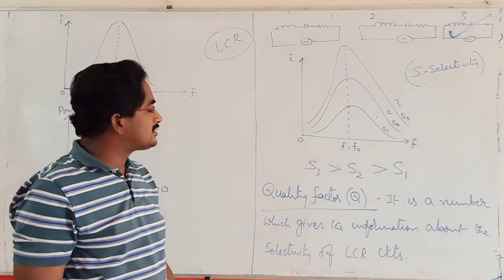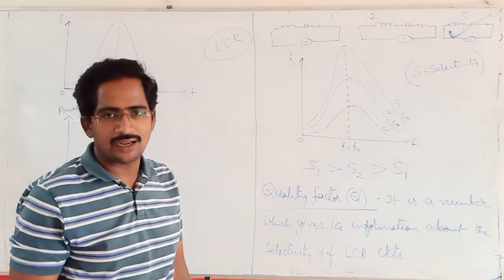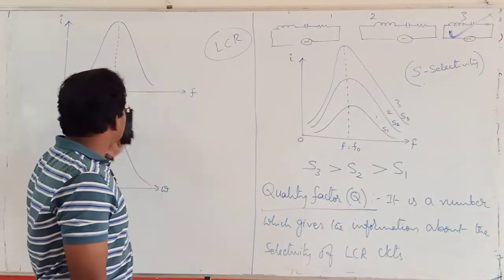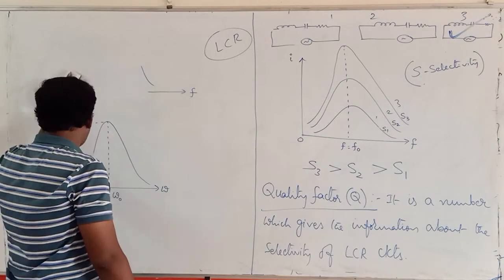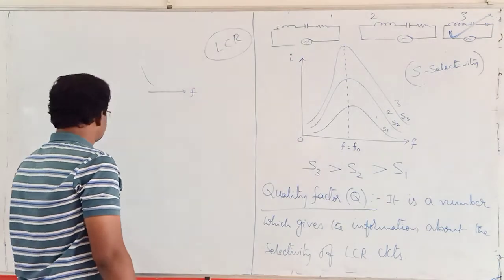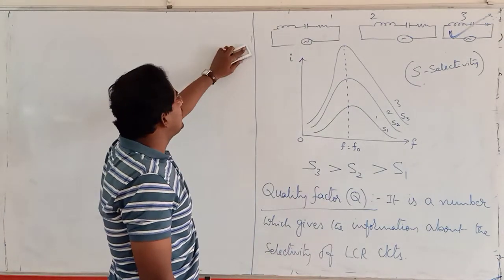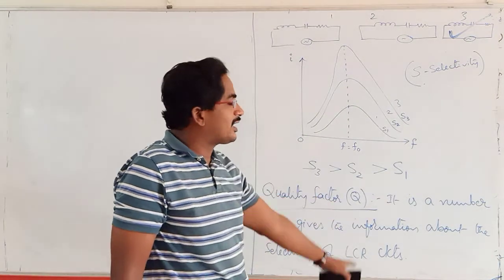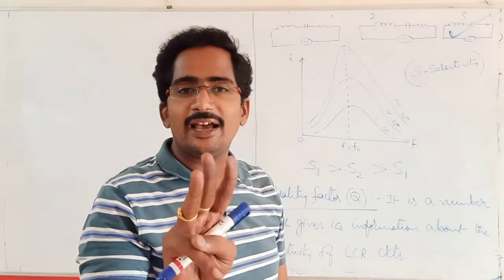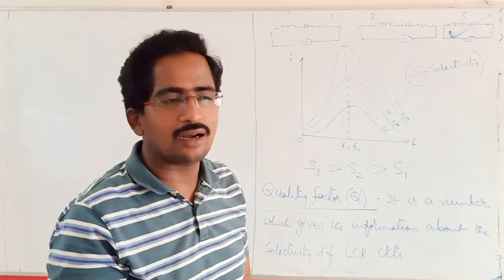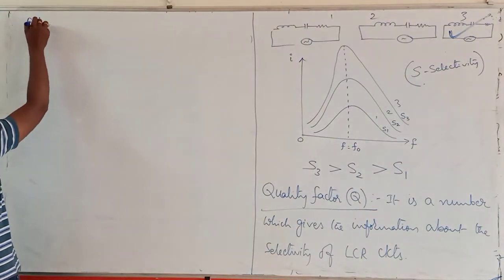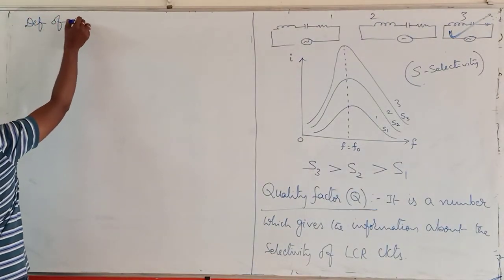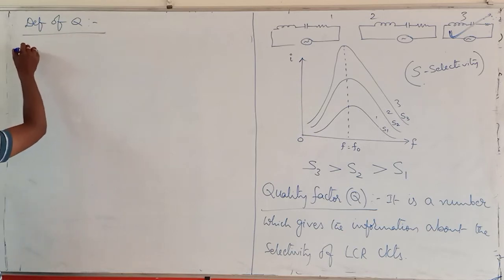Selectivity of LCR circuits. Okay. How can we get that number value? From the formula. See here, there are totally three definitions for quality factor. What are those? Definitions of Q. Definition 1.